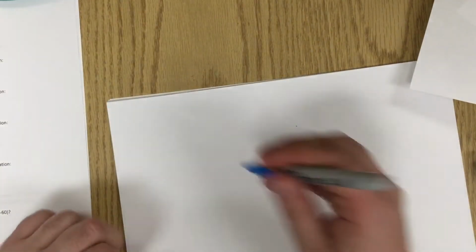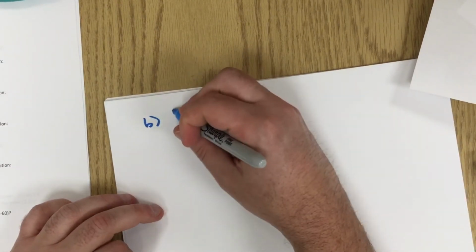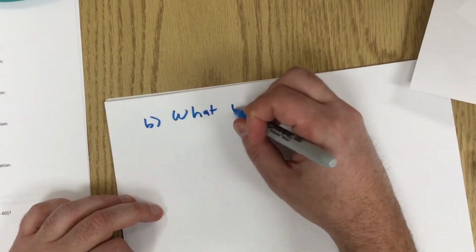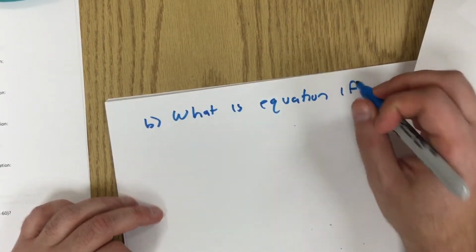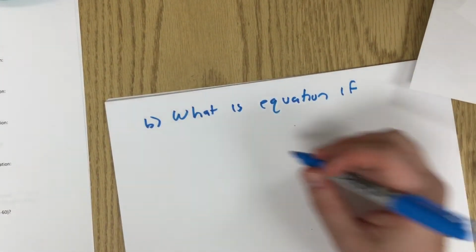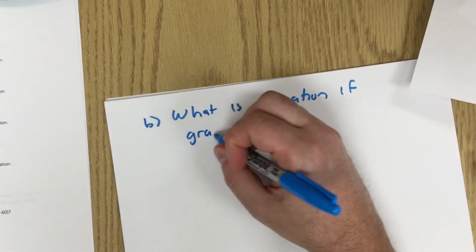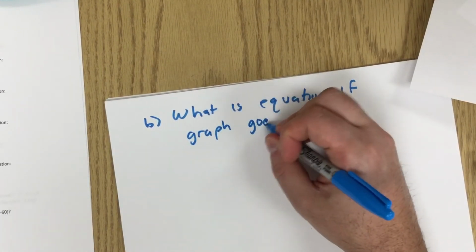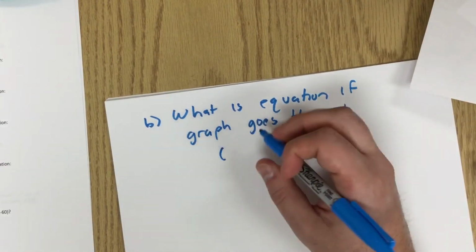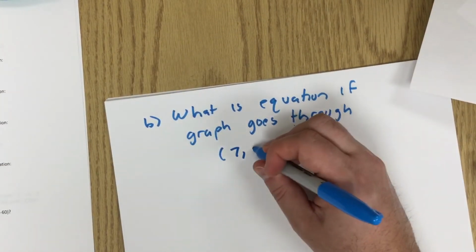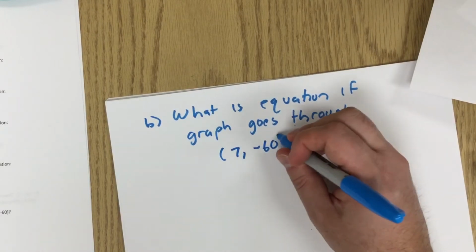So the B question is going to be, what is the equation if the graph goes through the point (7, -60)?